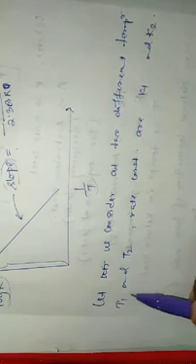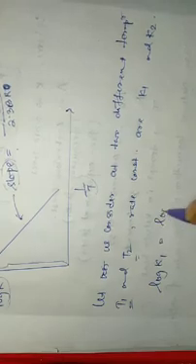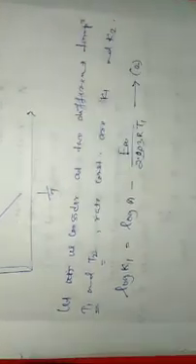Now applying the Arrhenius equation at these two different temperatures, log K1, because at temperature T1 rate constant is K1, equal to log A minus EA divided by 2.303 R into T1. Let us consider this is equation number 2.